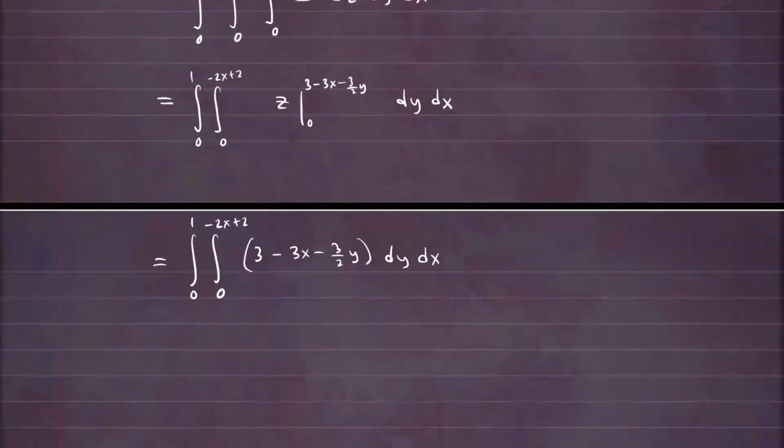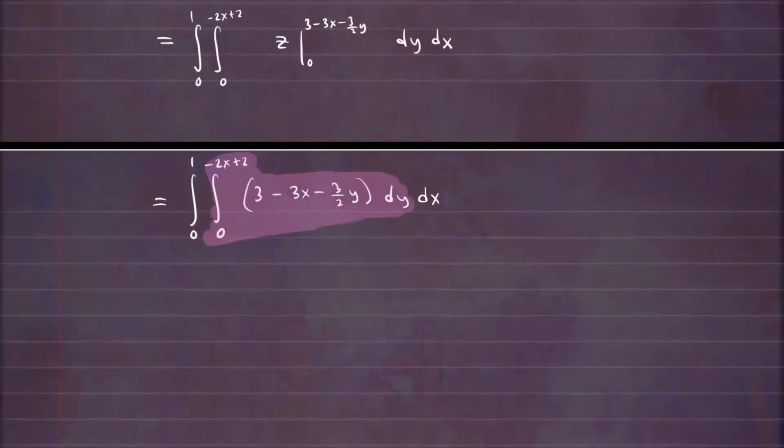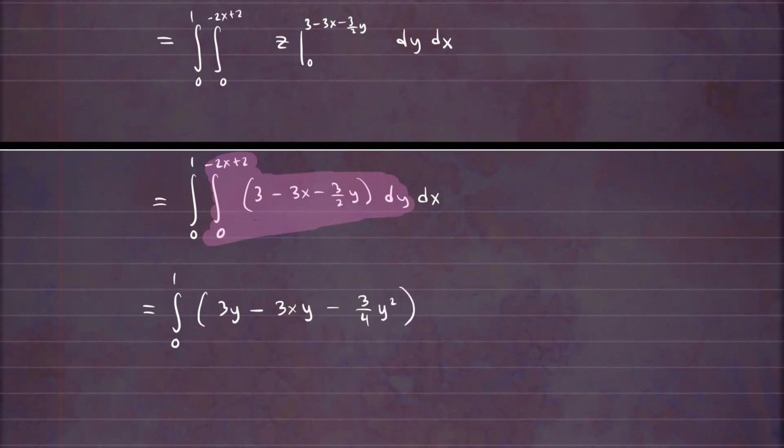And now we proceed with integrating this with respect to y. So we have the integral from 0 to 1. If I integrate each term with respect to y, we're going to get 3y minus 3xy minus 3 over 2 times y squared over 2, which we can write as 3 over 4 y squared. We're going to evaluate from 0 to negative 2x plus 2, and then integrate with respect to x.